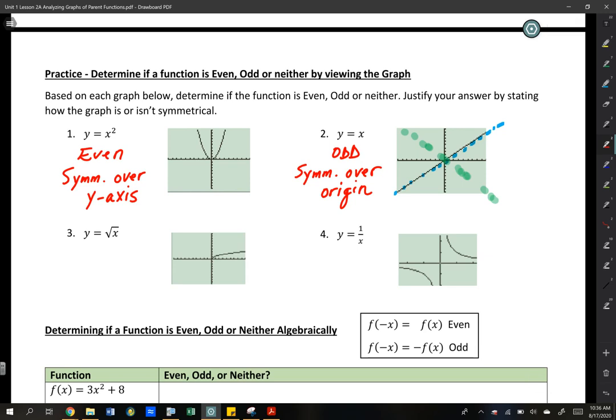For number 3, we don't have any symmetry. It's not going over the y-axis or the origin. So this would be neither. And for number 4, we have odd. It's symmetric over the origin.